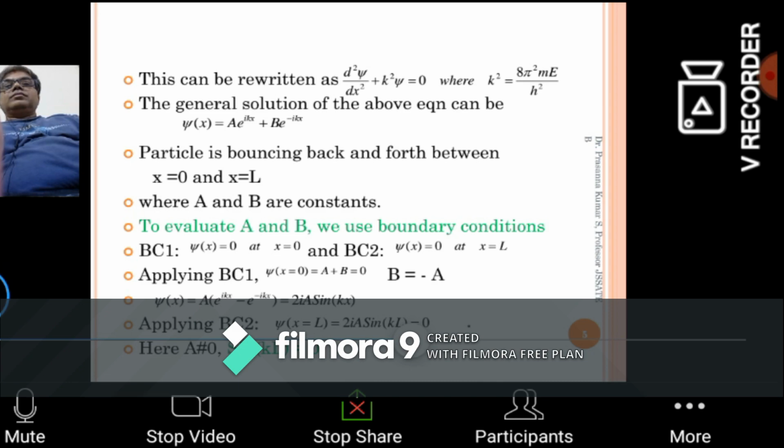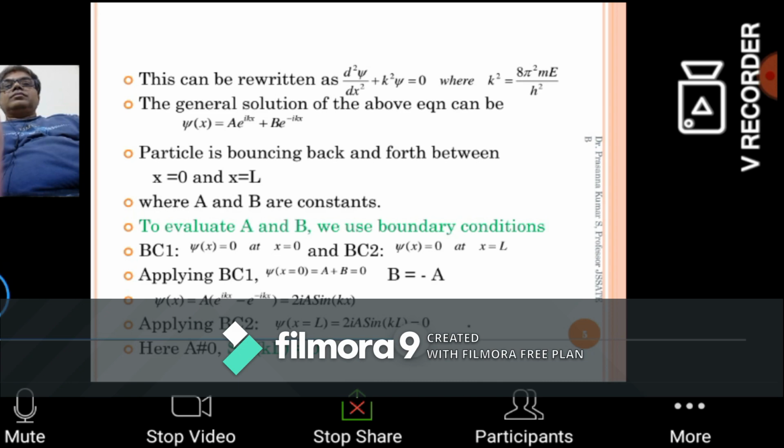Now you apply the first boundary condition, that is psi of x is 0 at x equal to 0, to the above general solution. On the left hand side psi of x is equal to 0, that is equal to a into e to the power of ik dot 0 plus b e to the power of minus ik dot 0. You know that ik dot 0 means it is e to the power of 0, so a e to the power 0 plus b e to the power 0.